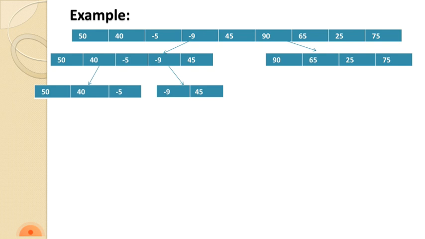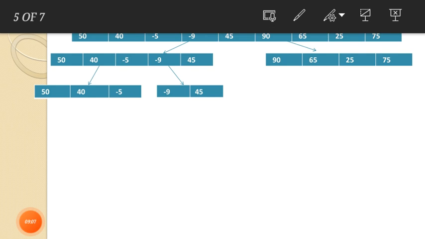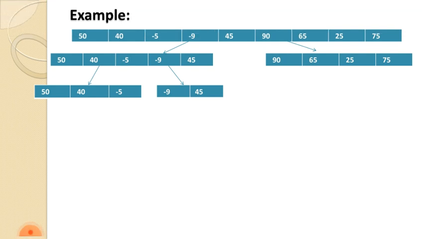Now again we can divide because there are three elements in the left part. The right part we also have to divide into two parts. First is 90, 65 and the second is 25, 75.